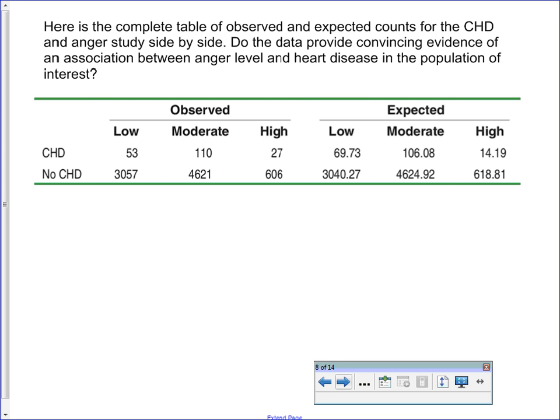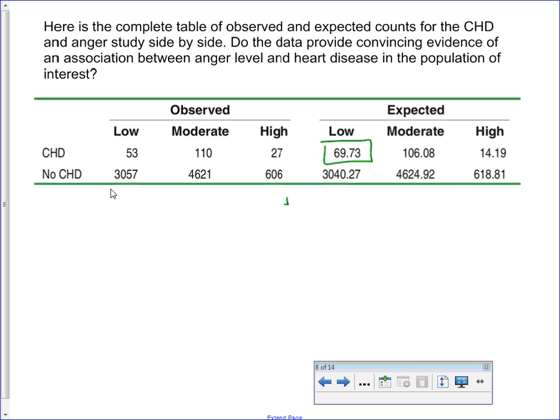So for our example, remember to get our expected values, to get this expected value, we would do this total times this total divided by this total. And that would give me the expected value in green.